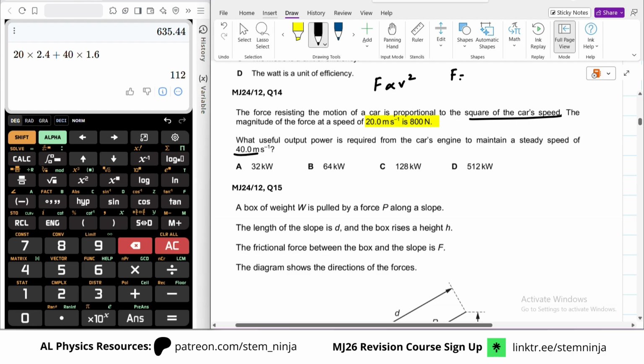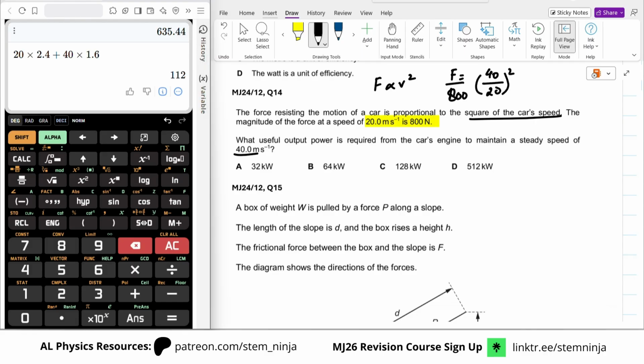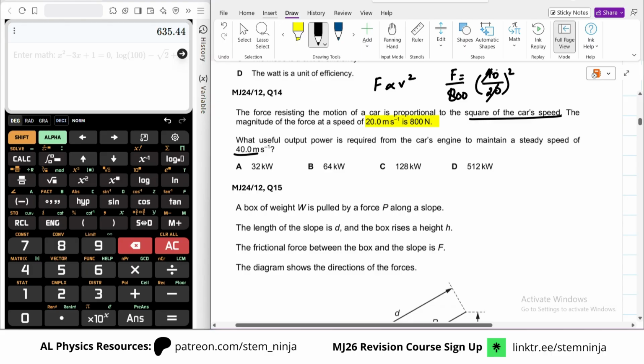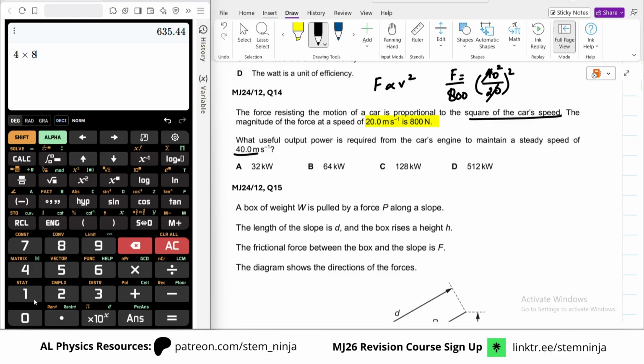So that would be F over 800 is equal to 40 over 20, whole squared. So 20 times 2 squared, 4 times 800, that is actually 3200.